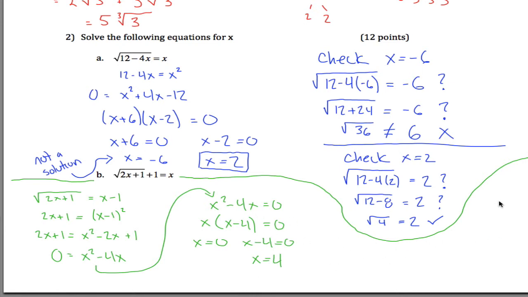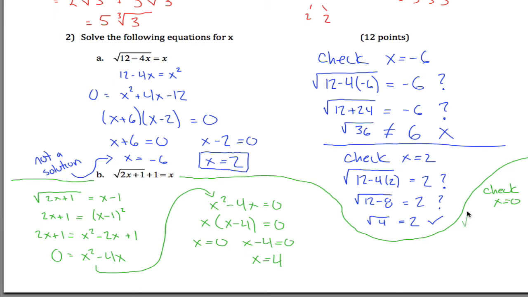Where should I do that? Up here maybe. Check x equals 0. Well, then I would have the square root of 2 times 0 plus 1 plus 1. That's not going to fit. Let's try that again.